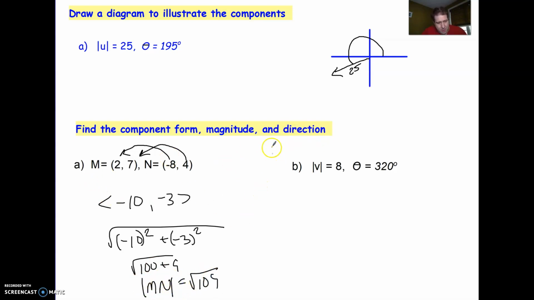And then the direction. That would be inverse tangent of y over x. Nearly did it backwards. So inverse tangent of -3 divided by -10 gives me 16.7 degrees.